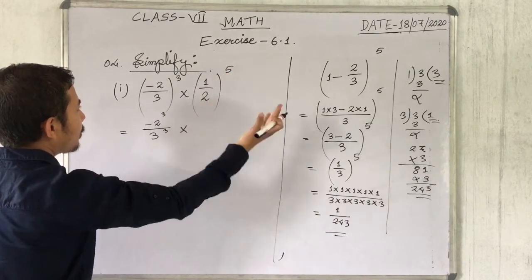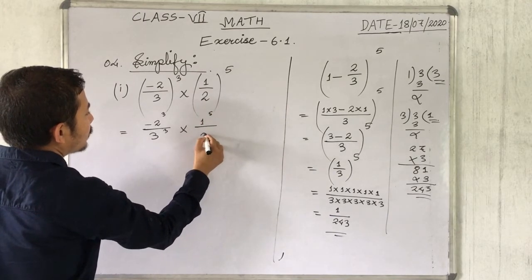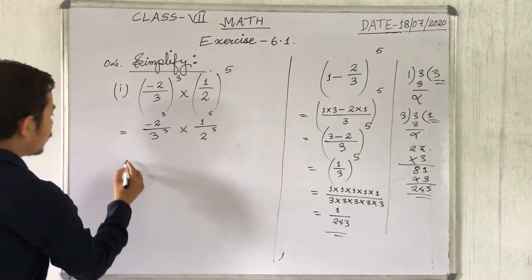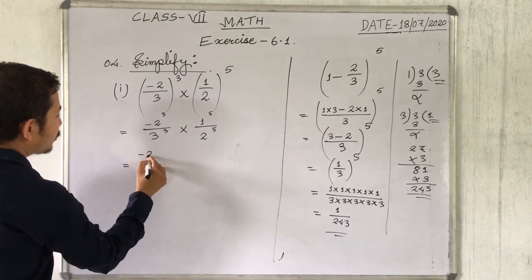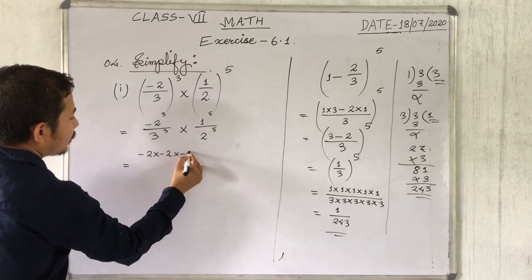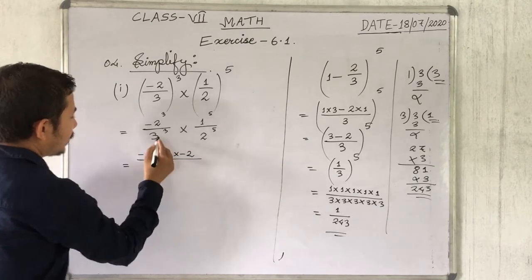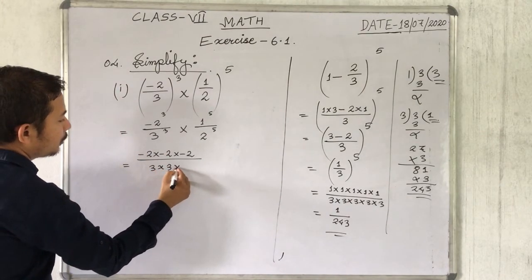That means if I open the bracket, it will be 1 to the power 5 by 2 to the power 5. So now look at it, minus 2 whole cube means minus 2 three times we have to multiply. 3 cube means 3 into 3 into 3.